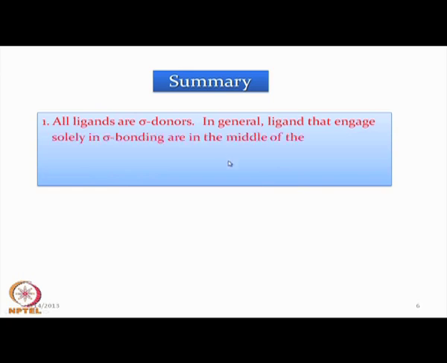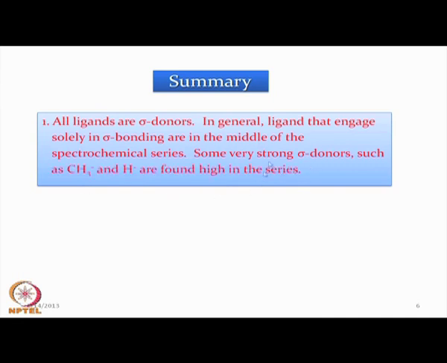That means this donation does not very much affect the separation between the T2G level and the EG level. So, the ligands which engage solely in sigma bonding are in the middle of the spectrochemical series. If we have the entire spectrochemical series, then at the center we will have these molecules as ligands, which can show only sigma bonding interactions.